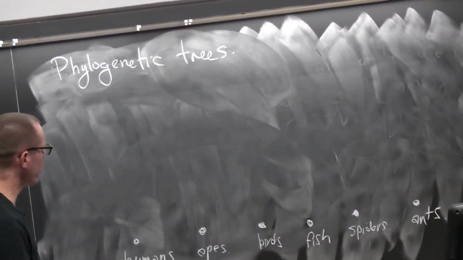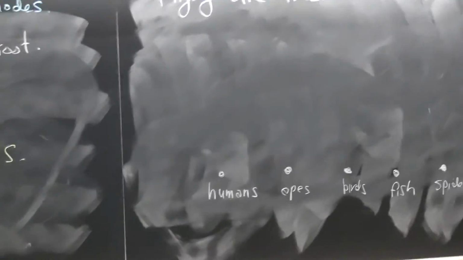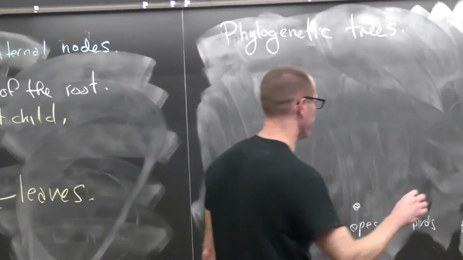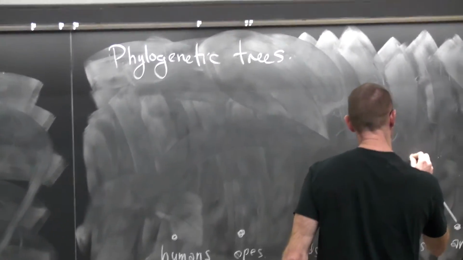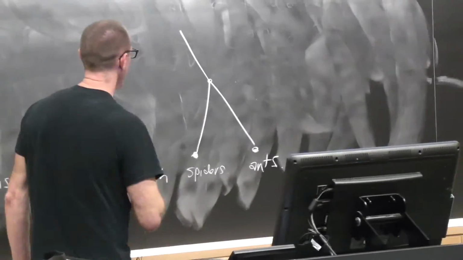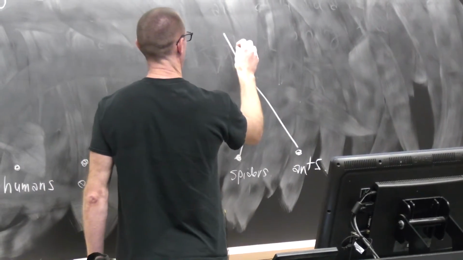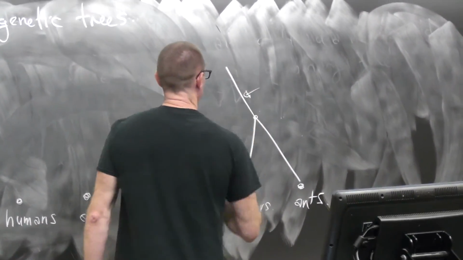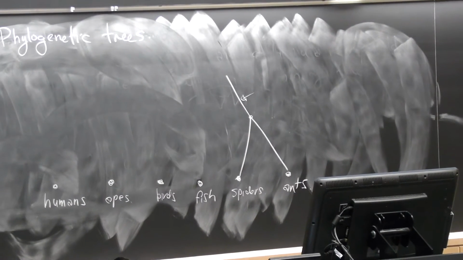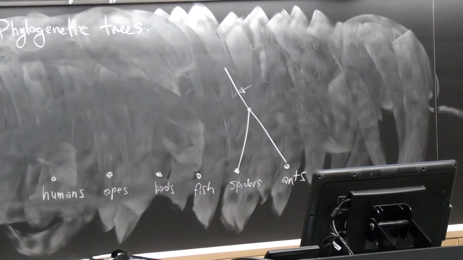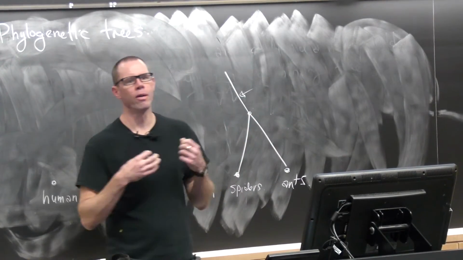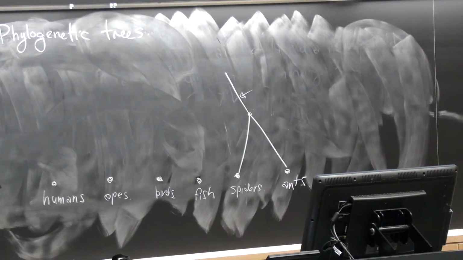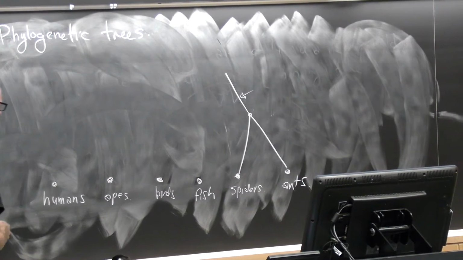And the internal nodes represent what are called speciation events. So what's a speciation event? Well, that's something like this, where you had some species, or some population of things that could all mate with each other and reproduce, and so that defines, in some sense, a species.